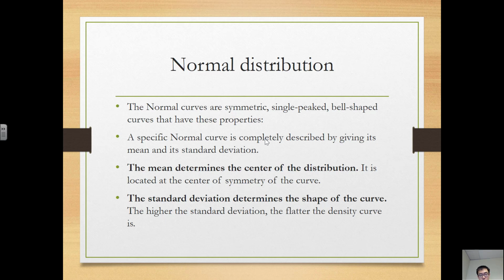It is located at the center of symmetry of the curve. In other words, it describes the location of the distribution. So if the mean of a normal distribution is small, then the density curve will shift to the left. And the second parameter, the standard deviation, describes the spread of the data. The higher the standard deviation, the flatter the density curve is.